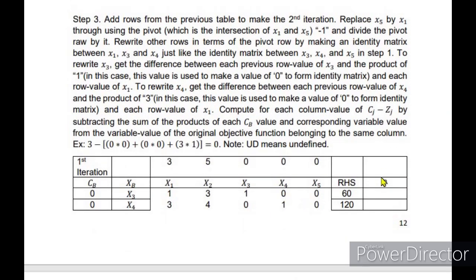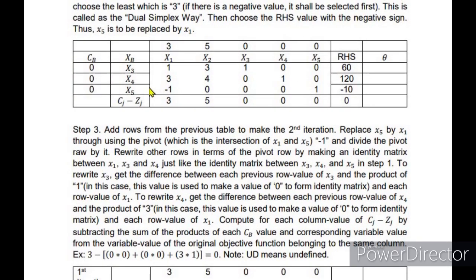Okay? So replace x sub 5 by x sub 1 through using the pivot, which is the intersection of x sub 1 and x sub 5. So what is it? It is negative 1. Okay? Because it is in the intersection of row x sub 5 and column x sub 1.